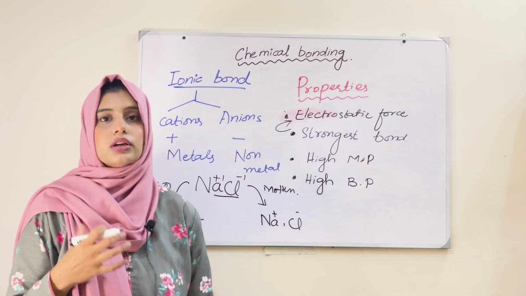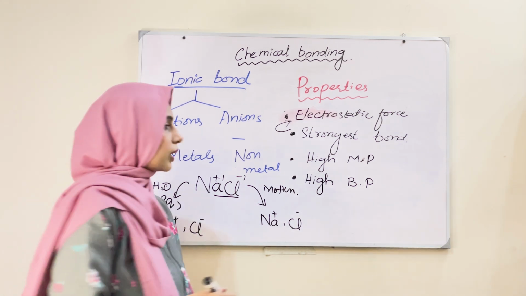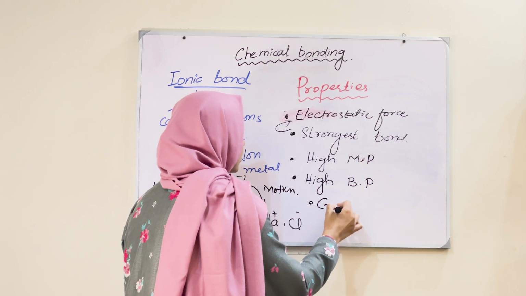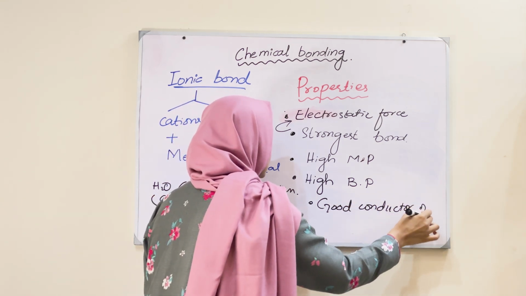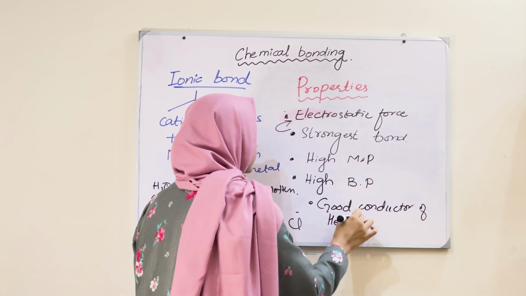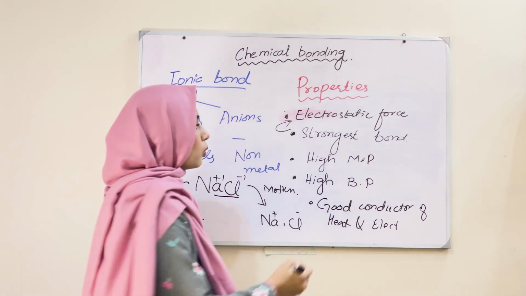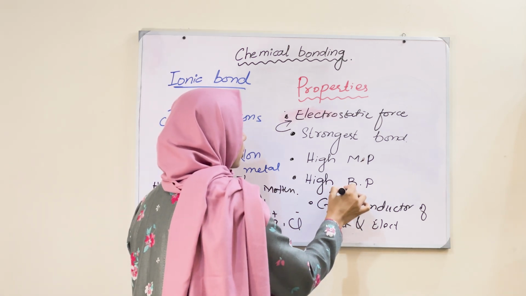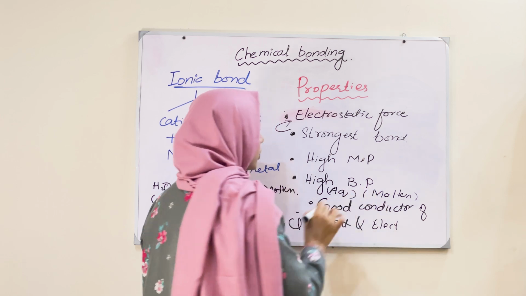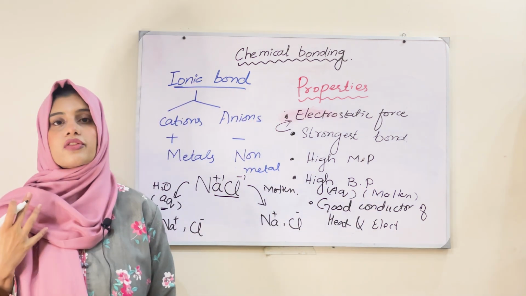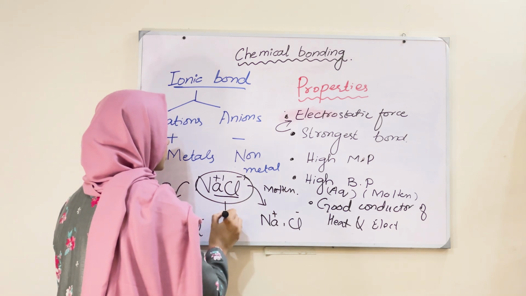So if the ionic compound is molten state or in aqueous state, it is a very good conductor of heat and electricity. But in which case? Only when it is aqueous or it is molten, right? If I talk about the state of ionic compound itself, so itself ionic compound is a solid.